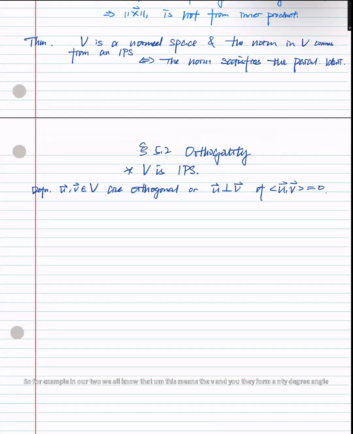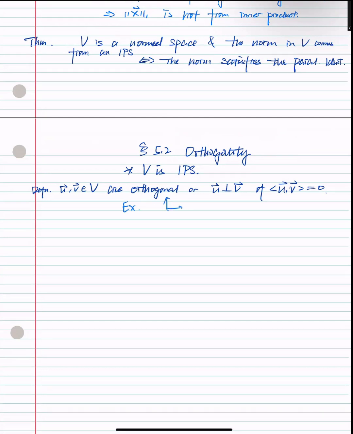So for example, in R2, we all know that this means u and v form a 90-degree angle, so the cosine of this angle, 90 degrees, would be 0.